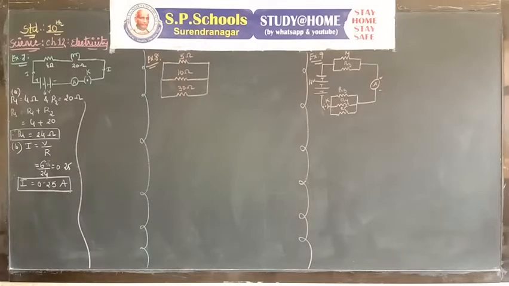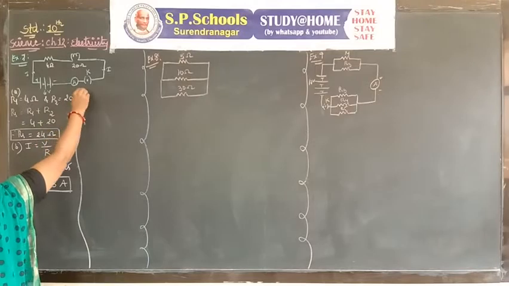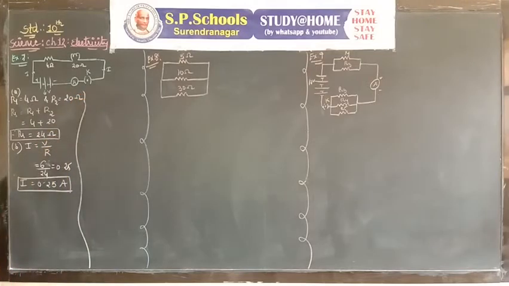If we find the potential difference across the two ends, first we find V1. To find V1, we multiply I with R1. I is 0.25, R1 is 4, so V1 is equal to 1 volt.